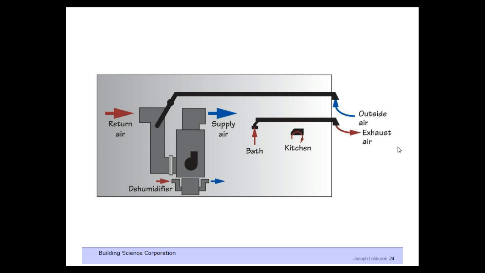And so we have been seeing for many years now the need for a supplemental dehumidification system. It's not elegant, but this is the least expensive approach that seems to be working.